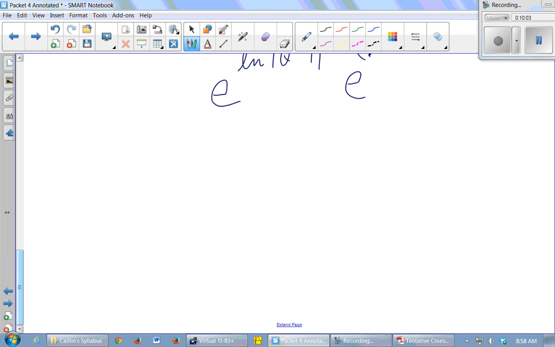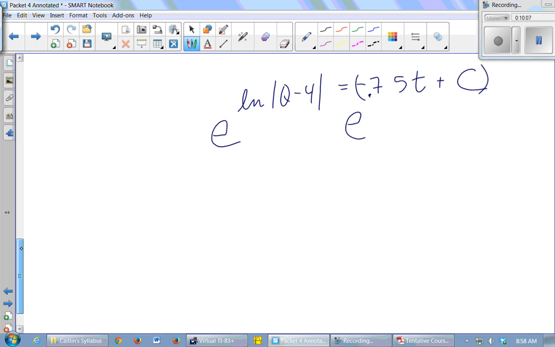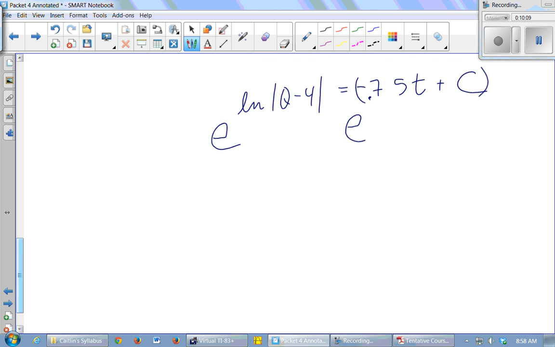So e to the ln of some stuff is just the stuff, because e to the x and ln x are inverse functions. So I just get my Q minus 4 equals e to the negative 0.75 t times e to the c. And I forgot the 5, sorry.